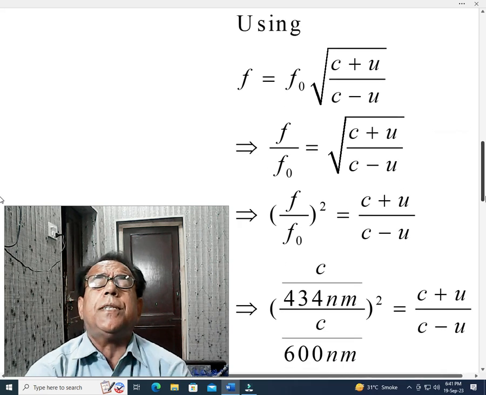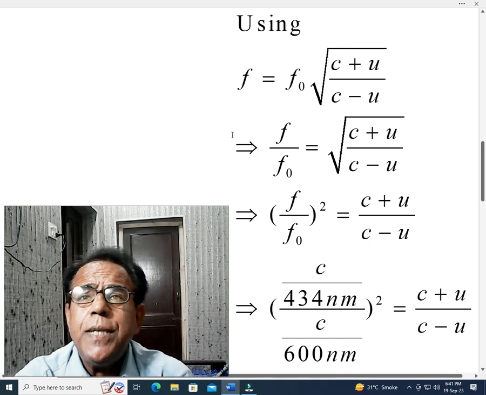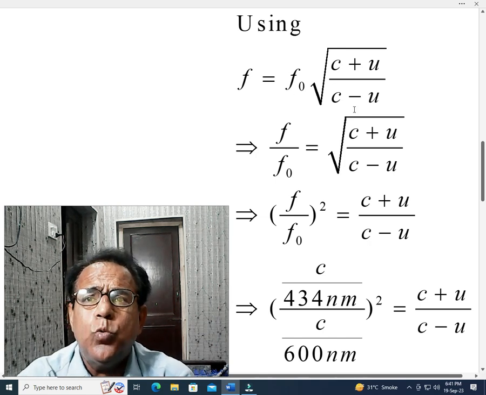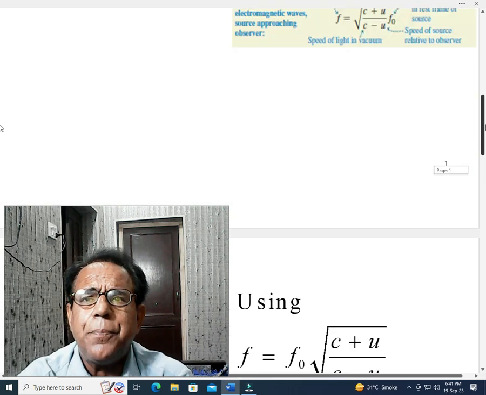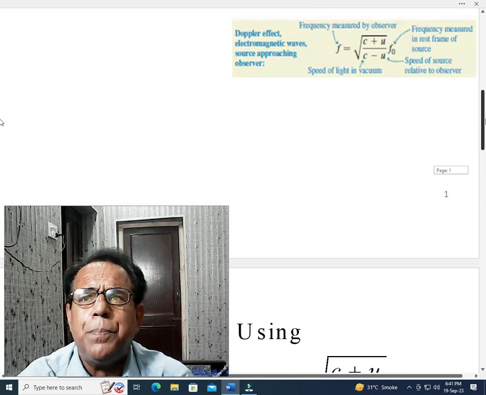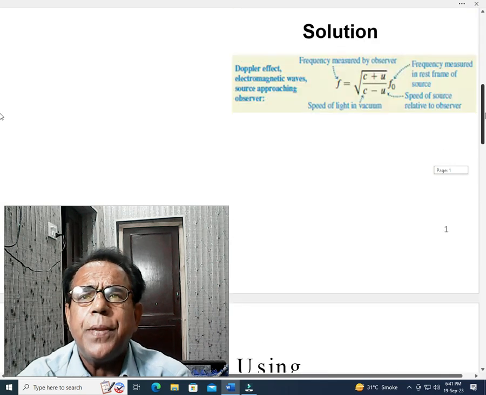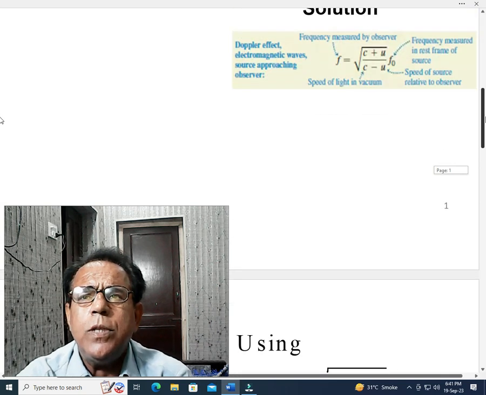In this equation, f is equal to f naught under root c plus u over c minus u. The only difference is that we have written f naught prior to the under root.